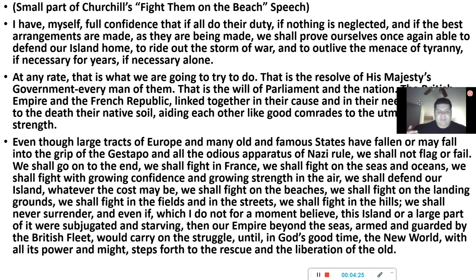And he's saying at the very end, I don't believe it, but just in case the Nazis do take over, we have our empire, places elsewhere where our country has territory. They'll come fight for us. The new world, they'll come and help us. They're not going to lay down for Hitler and the Nazis, they will fight.